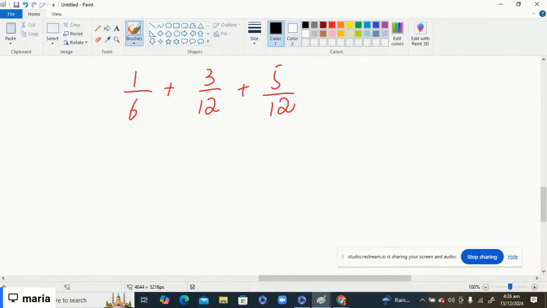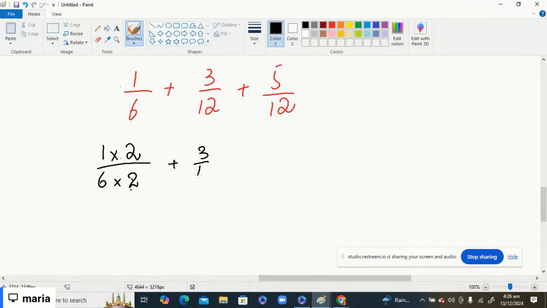So here we're going to put it this way: 1 times 2 for the top, then 6 times 2. We multiply and divide by 2 for this first fraction, on the top as well as on the bottom.